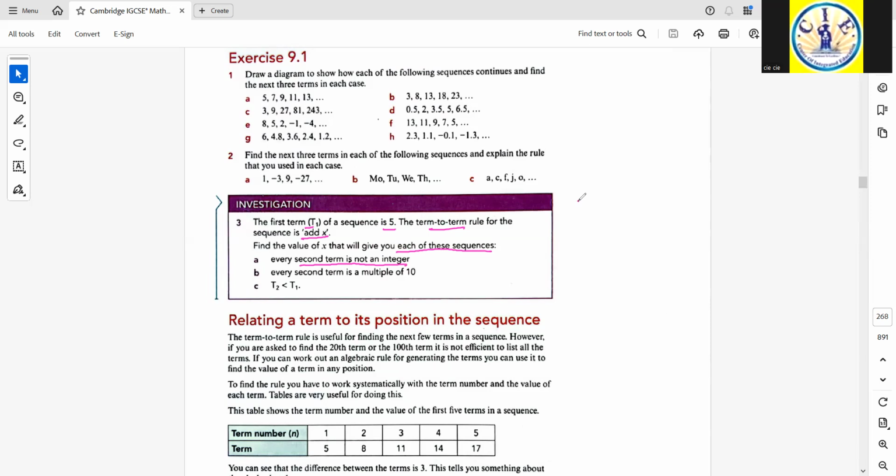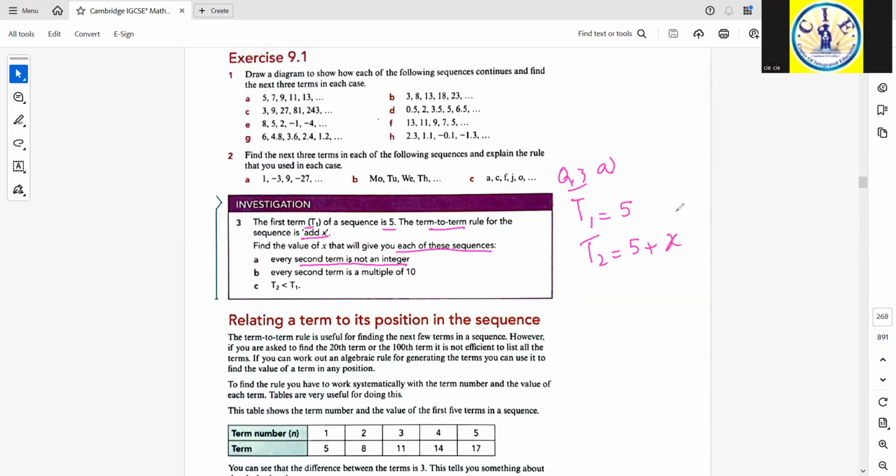If T1 is 5 and the rule is I need to add x, so T2 can be got by 5 plus x, and I need to have that every second term is not an integer.